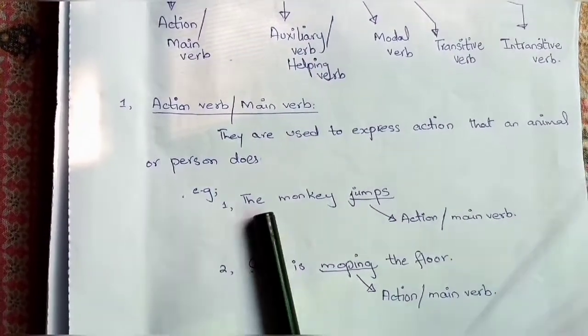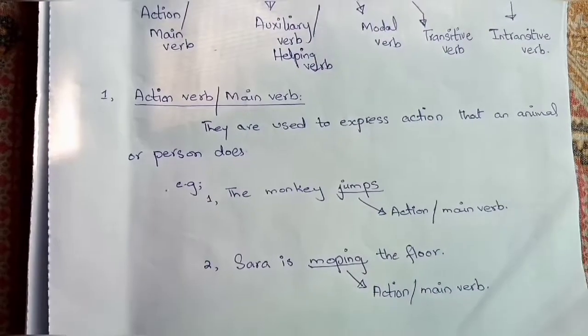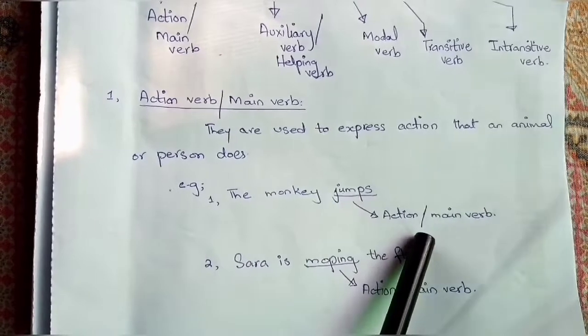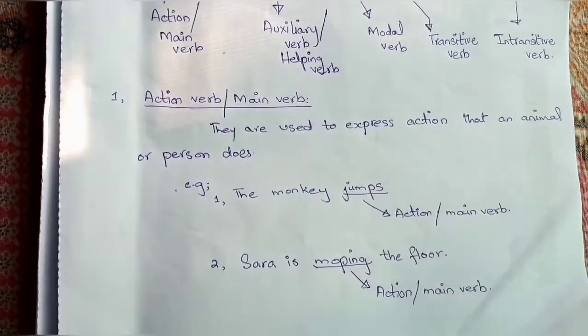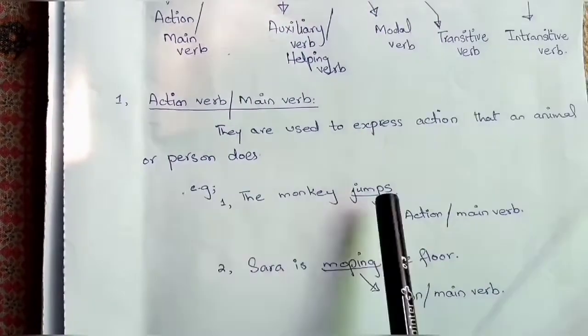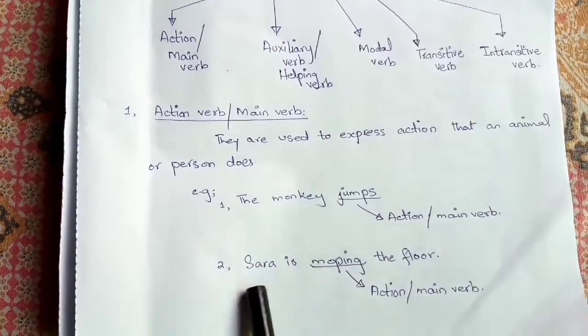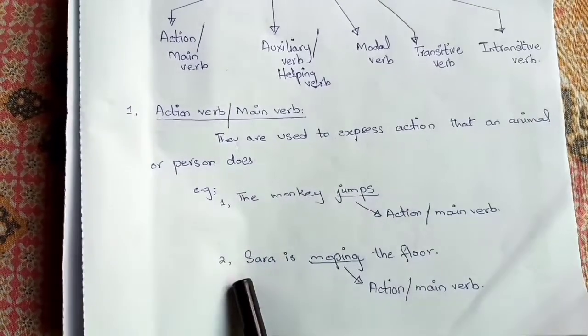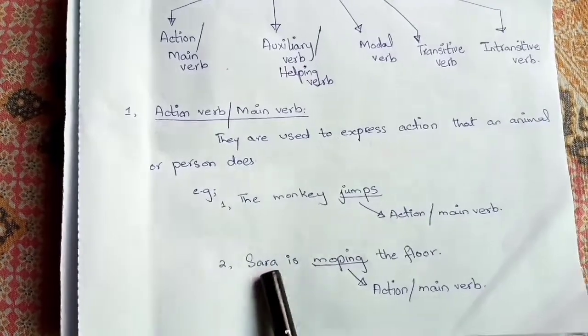Let's have a look at the examples written over here. The monkey jumps. Over here, jumps is an action verb or it is called a main verb because the monkey is doing an action. The next example is Sarah is mopping the floor. Sarah is a proper noun.